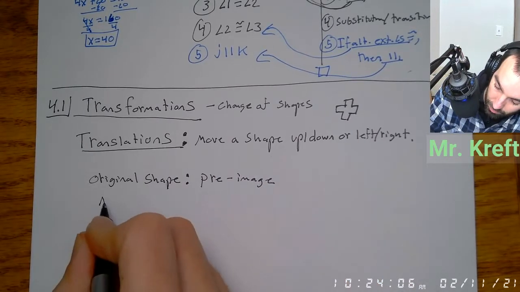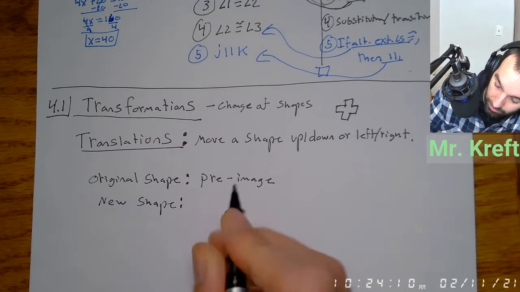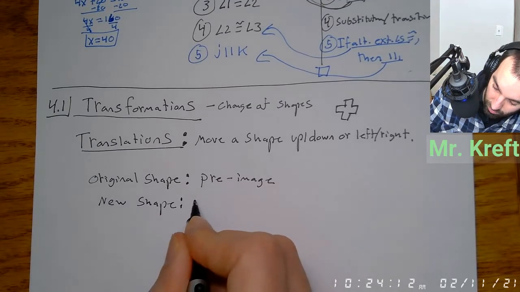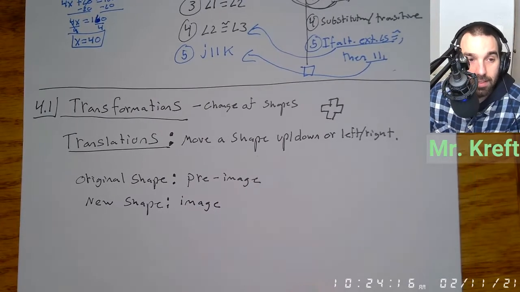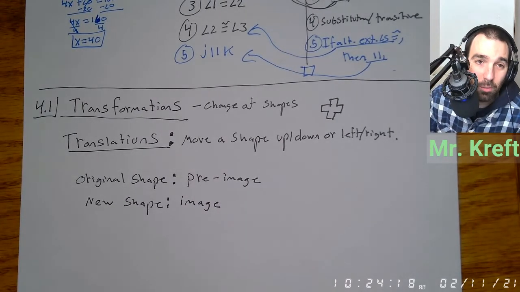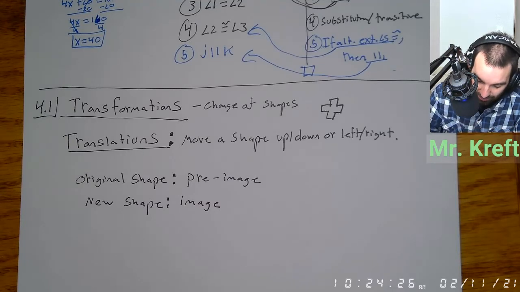The new shape, that's going to be called the image. So the original shape is going to be called the pre-image. The new shape is going to be called the image. So that's confusing, and we're going to have to get used to that, right? So the pre-image and the image.